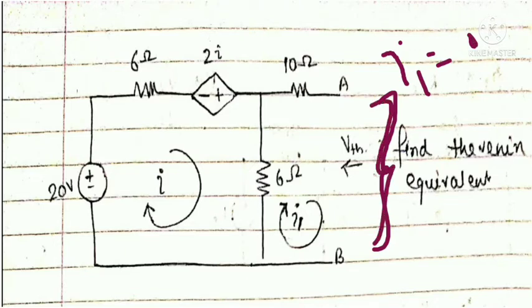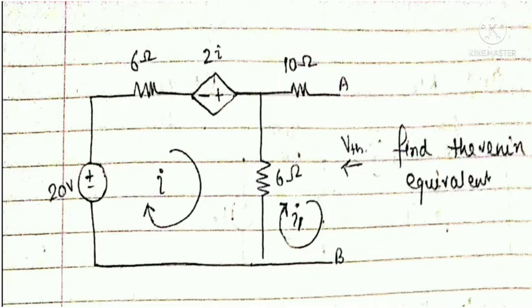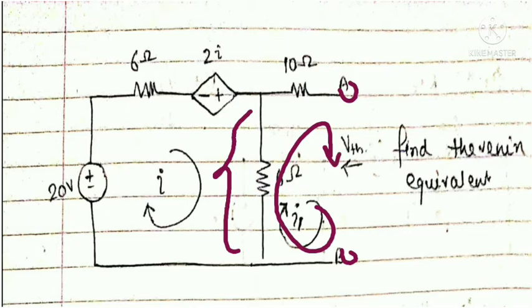Always remember, when there is an open circuit, current will be 0. So the loop current I1 is equal to 0, and the voltage across the 10 ohm is also equal to 0.